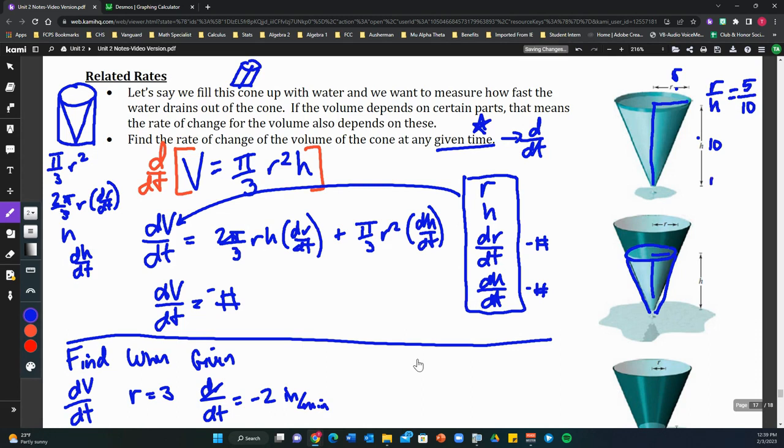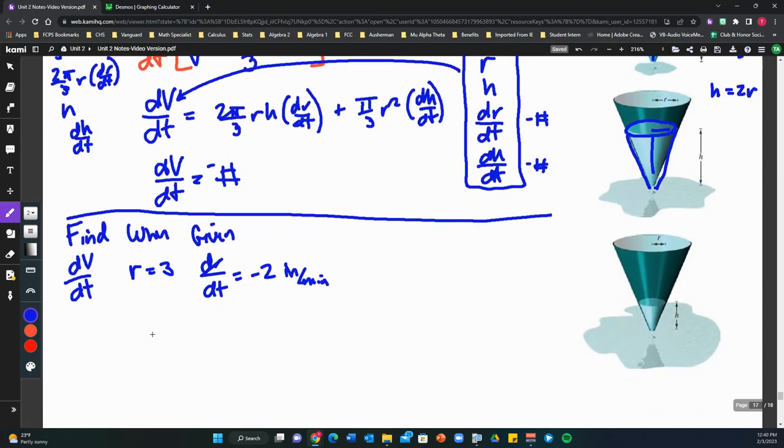There are actually 2 other ways to say this, depending on which one we want to solve for. I could say that my radius is equal to half of my height at all times, or I could say that my height is actually twice the radius at all times.